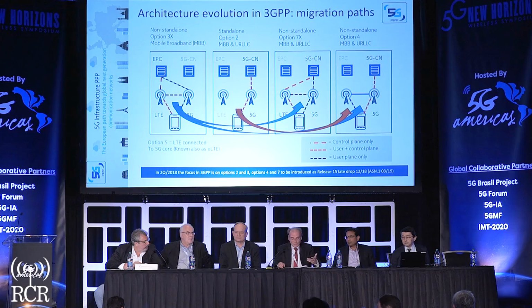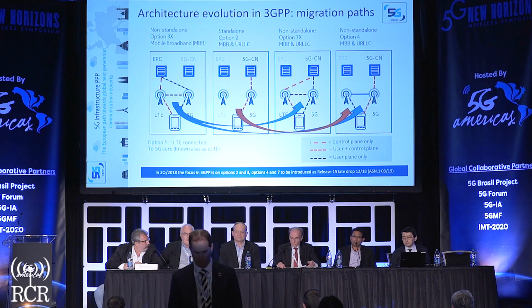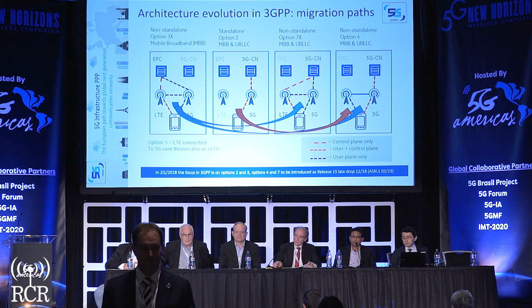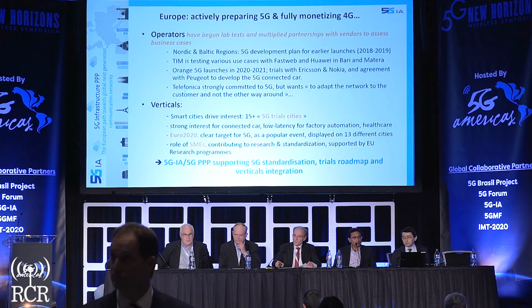We can quote that operators such as Verizon, AT&T, Docomo, and Europe are on option 3X, while China Mobile, for instance, and T-Mobile are on option 2. In Europe they are mainly option 3X, but there are still uncertainties for the moment between 3X and 2. My last slide.